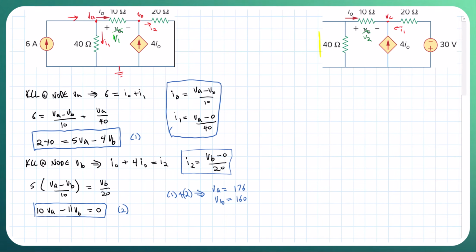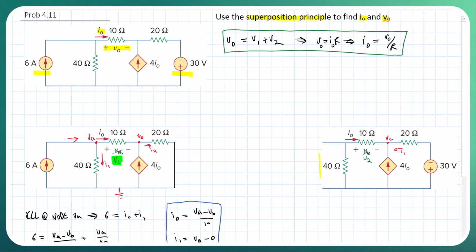What we want to know is what V1 is. V1 is simply VA minus VB, which is going to equal 16 volts. So now we solved for V1, the first component, equals 16 volts.